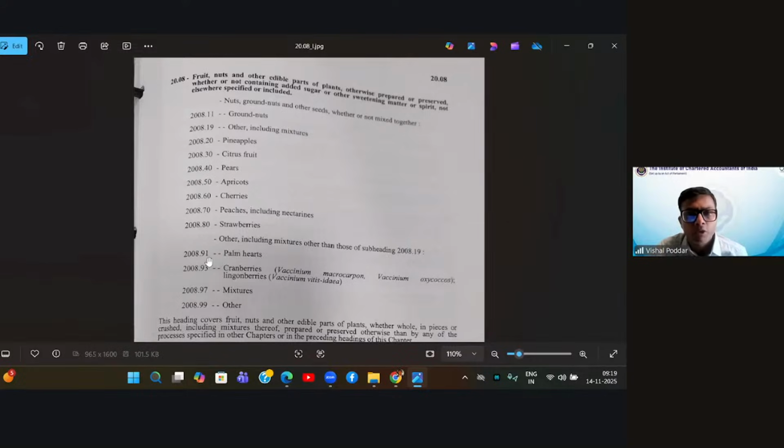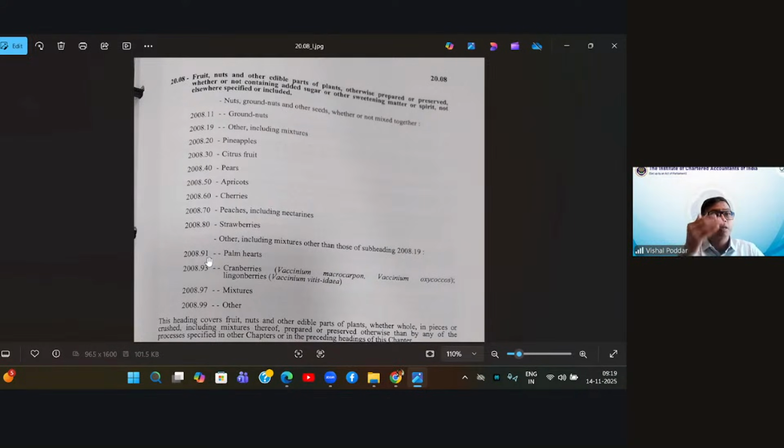Now, interestingly, you will not find any rate, correct? Why are no rates given? Because this is not a tariff. What I'm showing you is the list given by WCO. So WCO has asked you to use this list. Now you use this list and add your duty rates. So when we are referring to our customs tariff or our excise tariff or our GST tariff, the same names are used, and against the names you have the tariff, that is the rates.